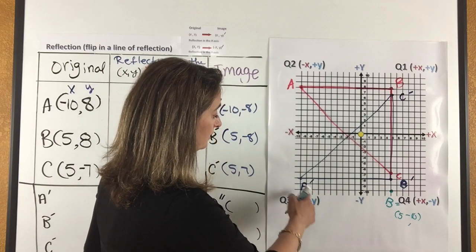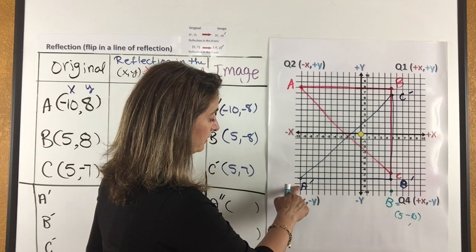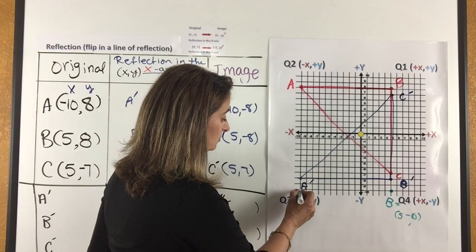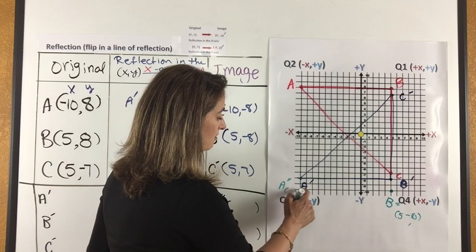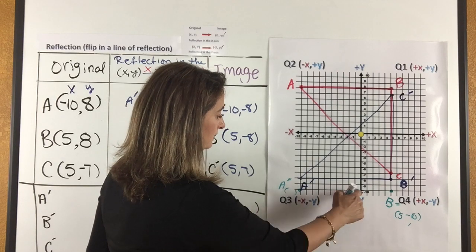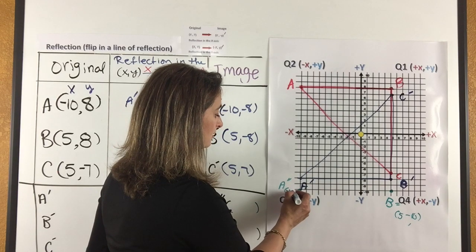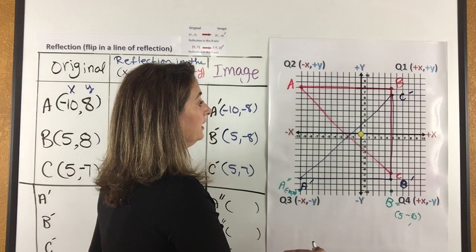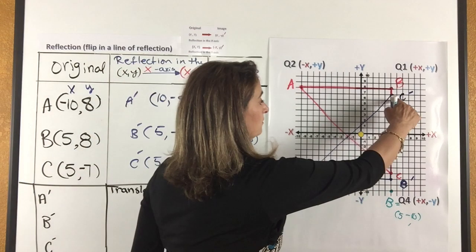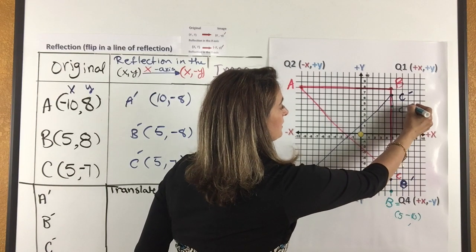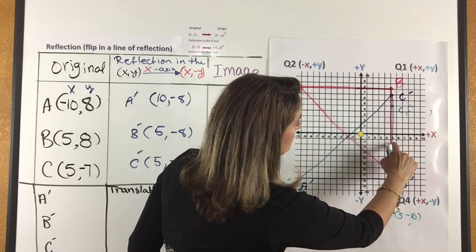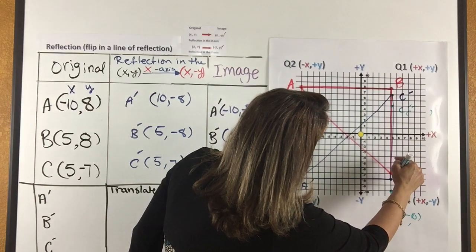And the A was here, A prime was here, and go down 2, it becomes A double prime. And the coordinates are negative 10, negative 10. And the C go down 2, 1, 2, you end up here, C double prime, and the coordinates are 5 and 5.